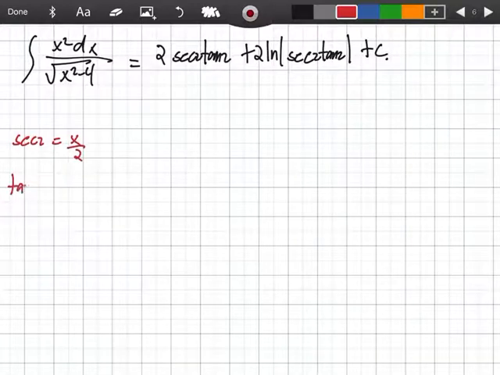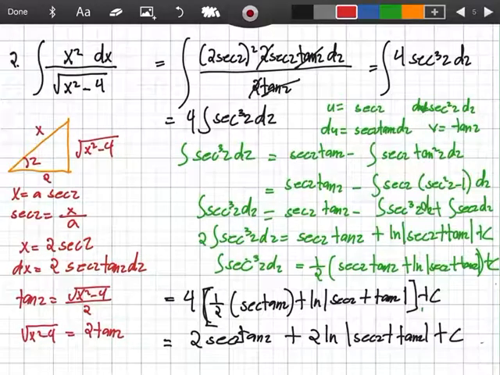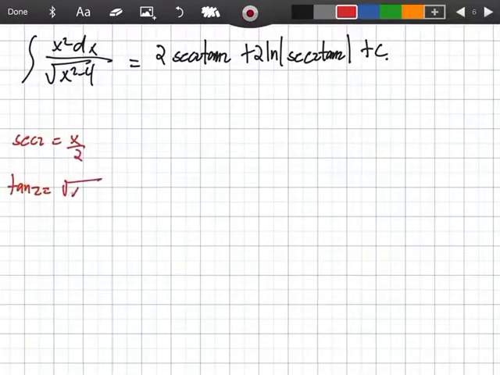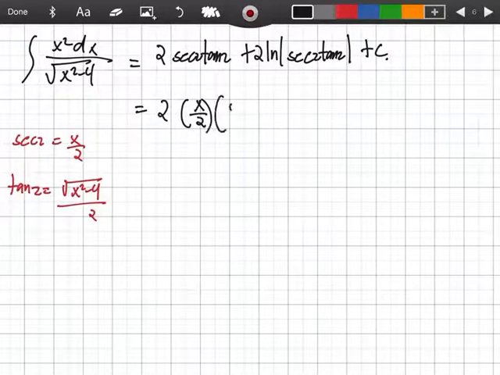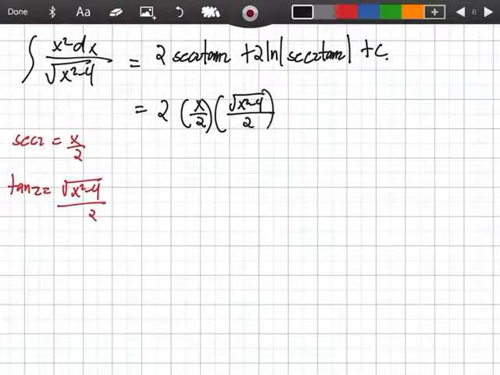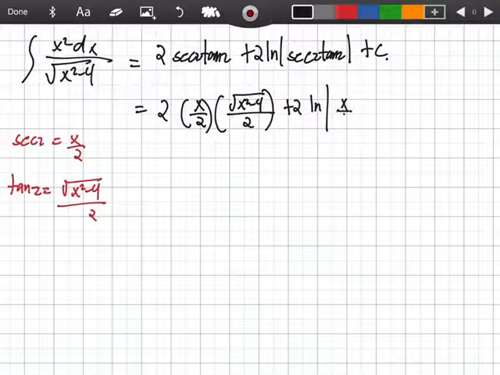And then, tan z, opposite over adjacent, is the square root of x squared minus 4 over 2. So, we are ready to substitute it to x over 2 times square root of x squared minus 4 over 2 plus 2 ln x over 2 plus, may plus ito. Bakit hindi ko siya naisulat?